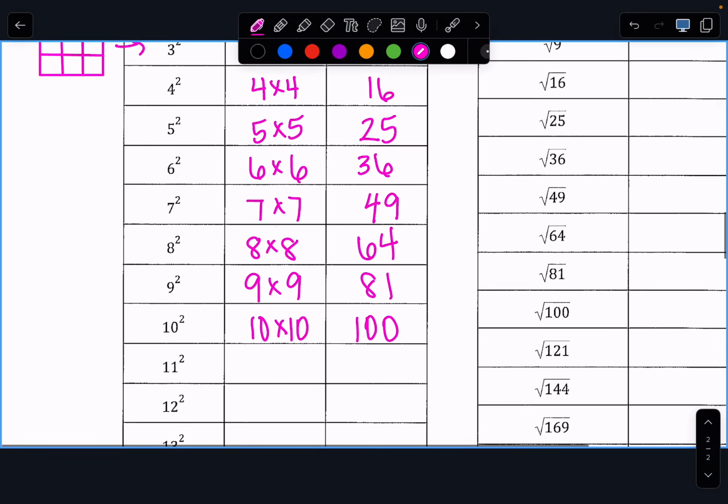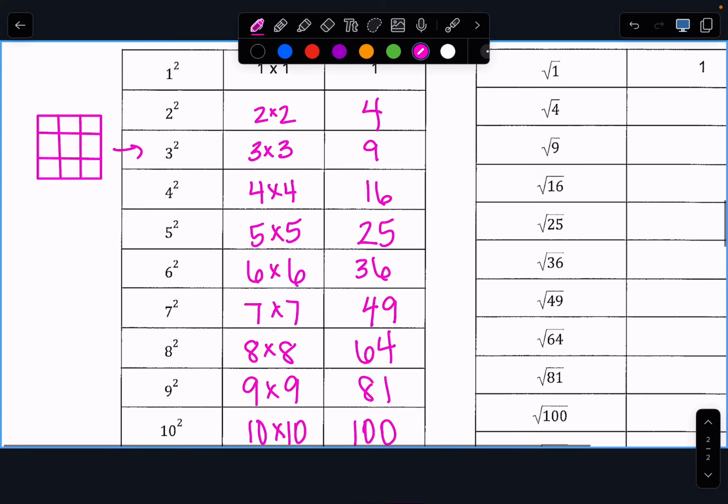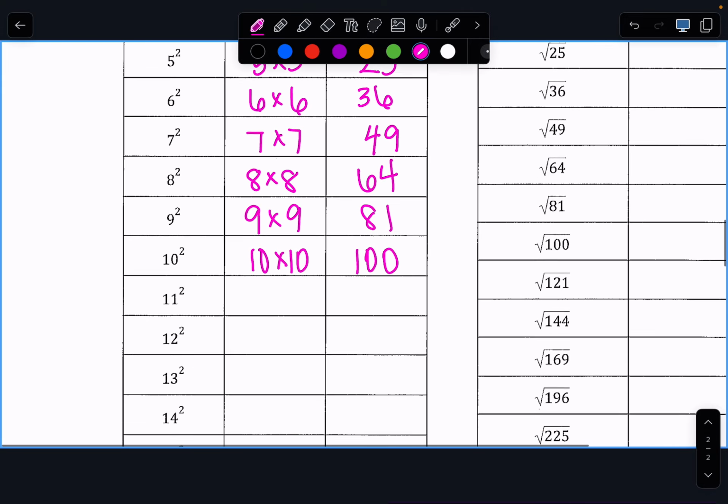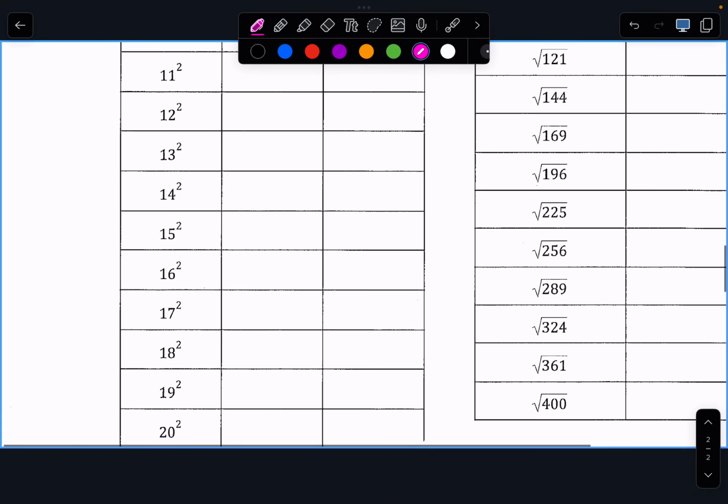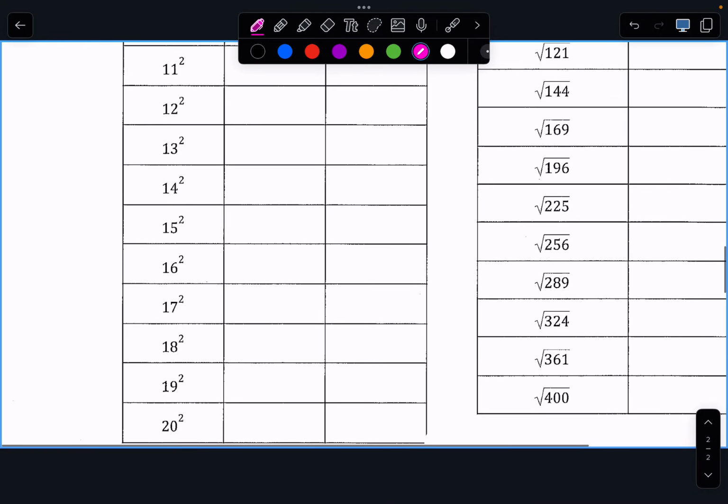So at least 1 through 10, those should be fairly familiar numbers, okay? 11 through 20, this is where we're going to have to think a little bit, okay?